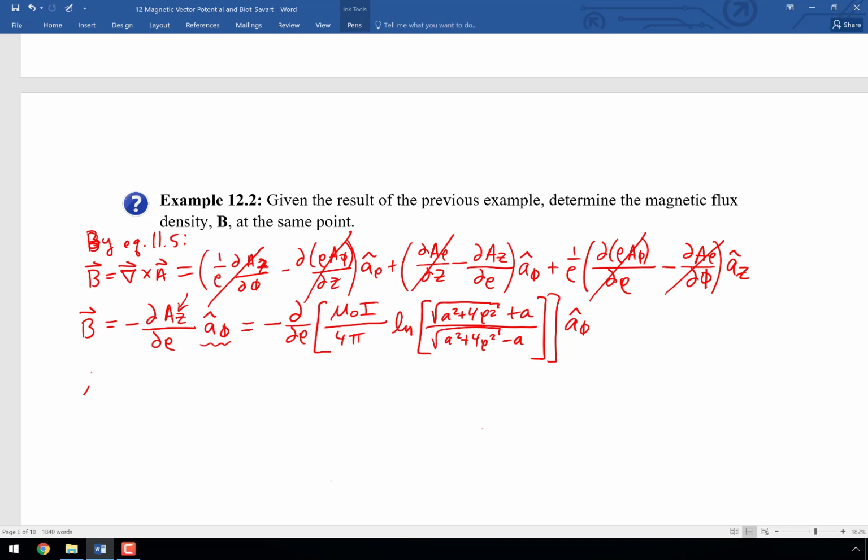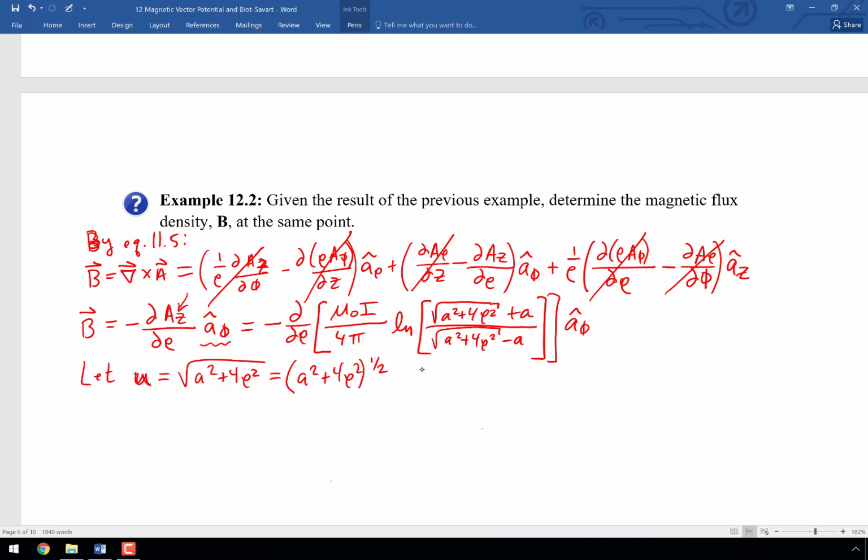So let's let u, I don't know about you, but my calculus professor always used u for substitutions. Let's let u be the square root of a squared plus 4 rho squared. And I like to write this, especially if I'm going to be doing derivatives, as a squared plus 4 rho squared to the 1/2 power.